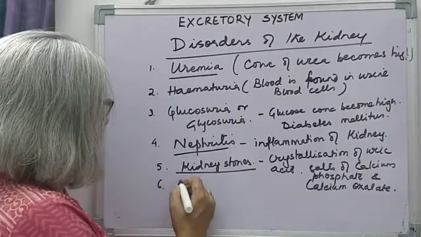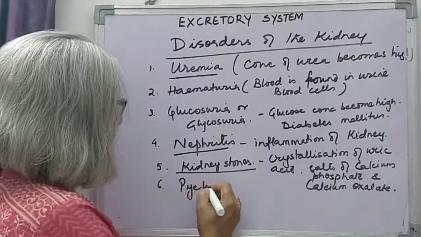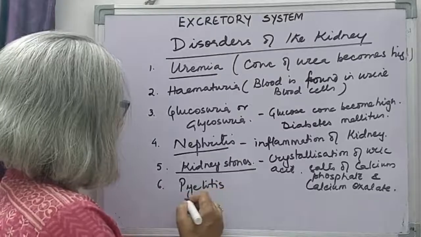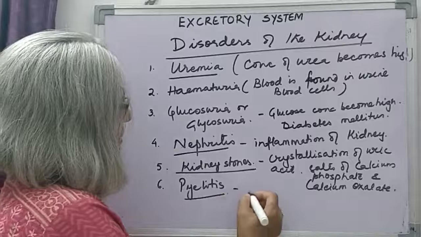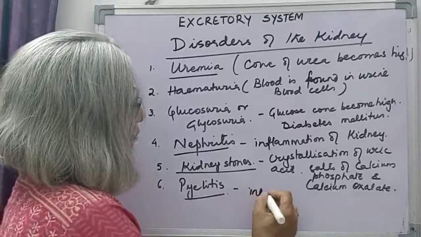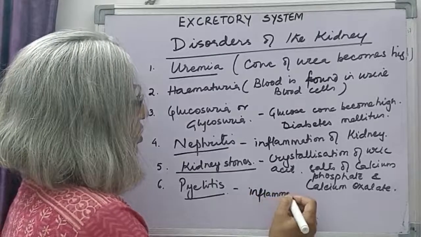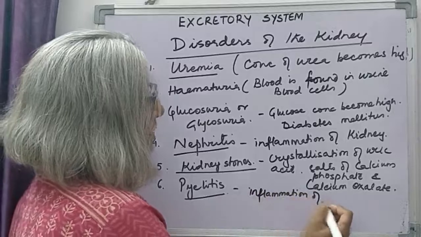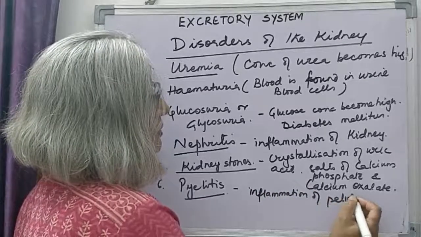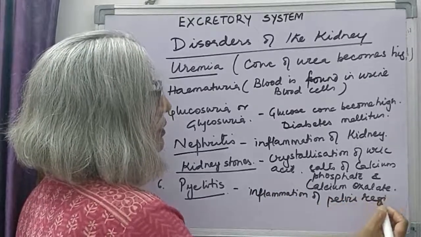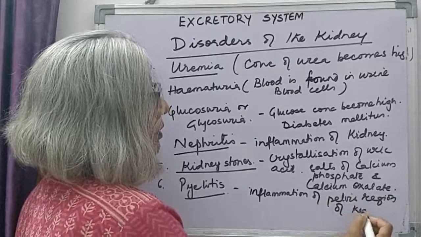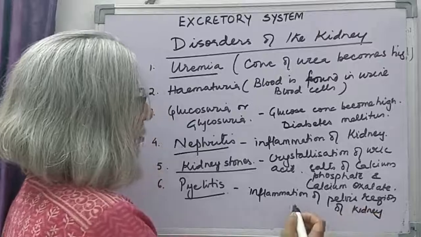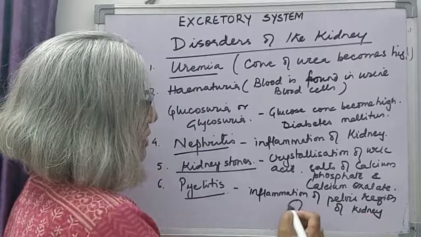Then another disorder is pyelitis. Pyelitis is related to inflammation of the pelvis of the kidney. The kidney is bean shaped.